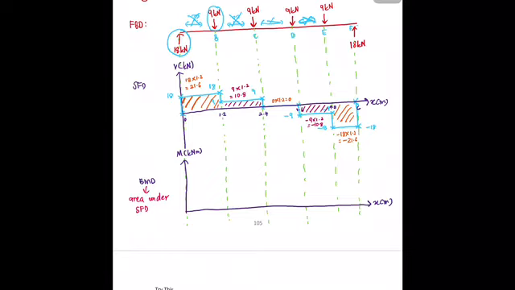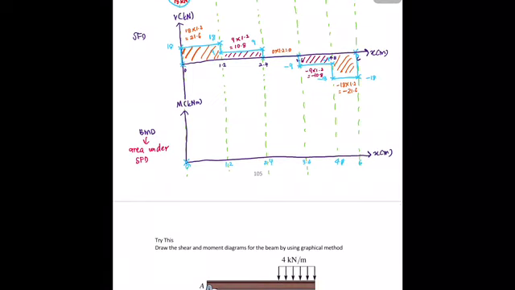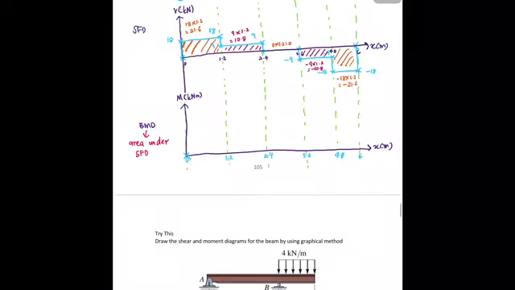At the first point, which is point A, do you have any applied moment? No, right? So it should start from 0. If you have an applied moment at point A here, you have to put the moment. But since there is no applied moment at A, then we put it as 0. Then between A and B, you have this area which is 21.6 positive. So you go here, it is cumulative. 21.6 plus 10.8 is equal to 32.4.